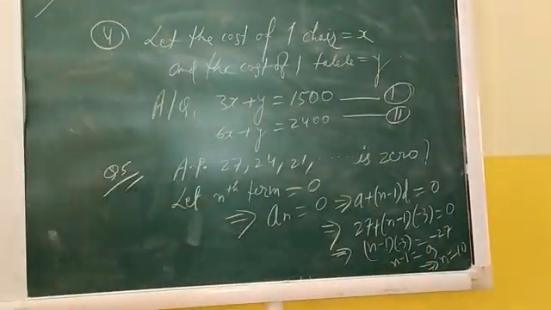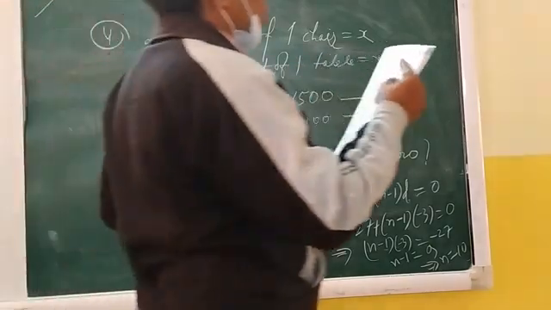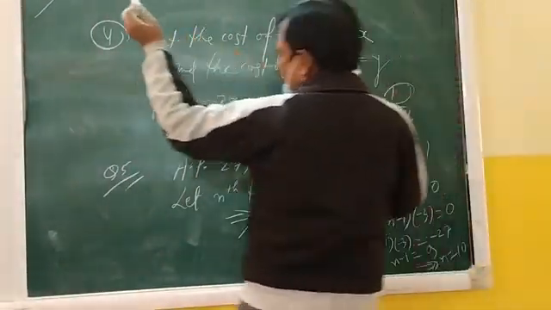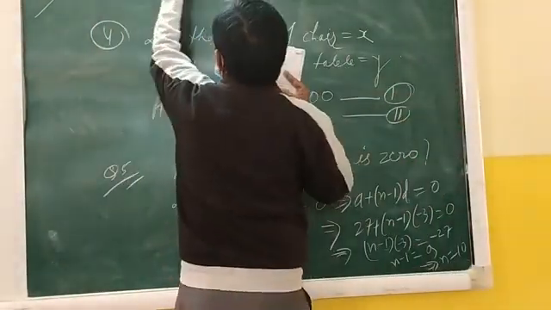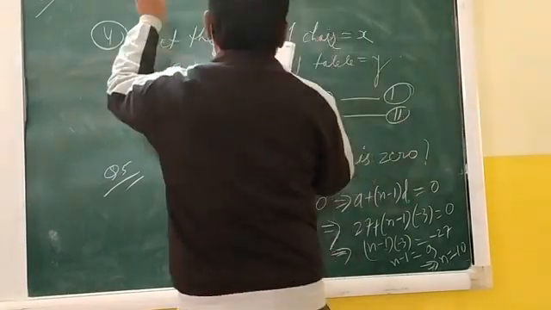Everyone, have you any confusion in this question? No. Okay. So now I am going to give you another question based on AP. Question number 5 or. In or, one question is there.